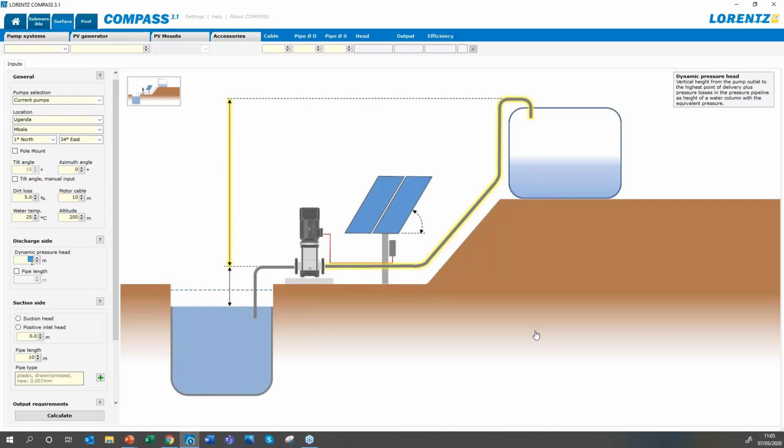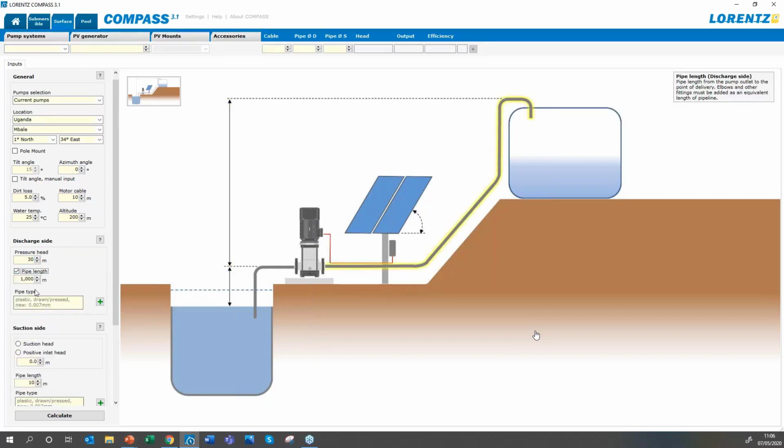So again, 30 meters is good. And we can also put a pipeline on here. So let's say we have a 200 meter pipeline on the discharge side.